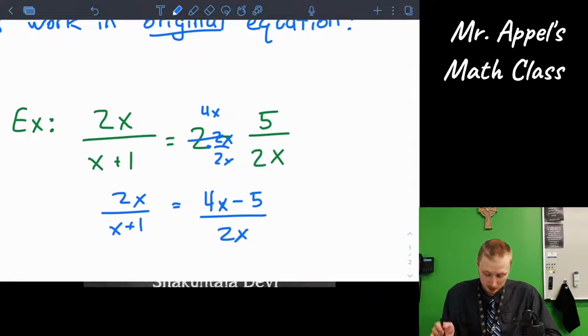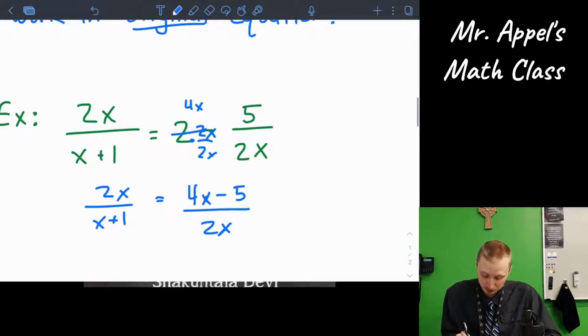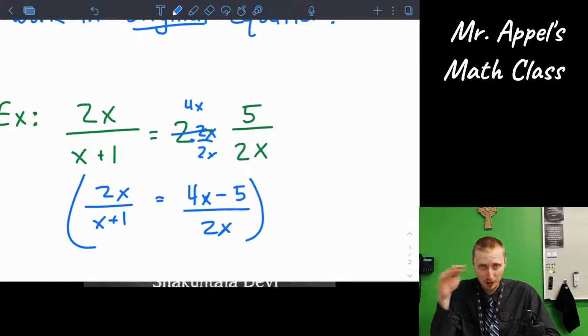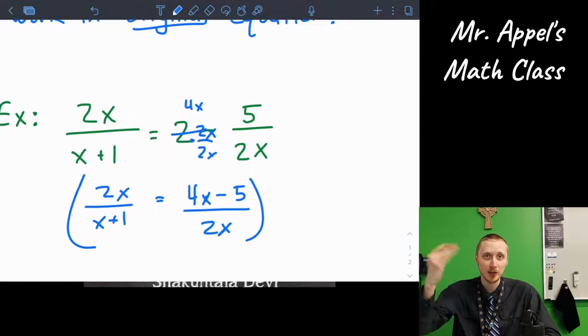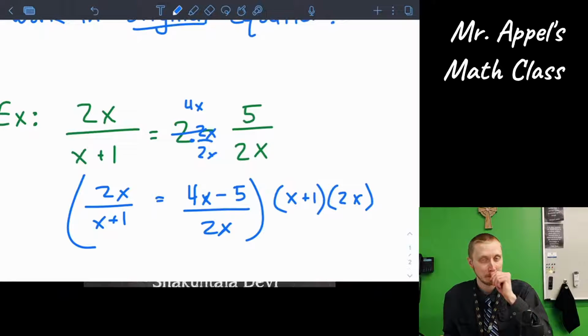by the least common multiple. Really, we're going to multiply the entire equation by all of the factors that appear in the denominator. So we're going to multiply it by an (x plus 1) and a 2x.